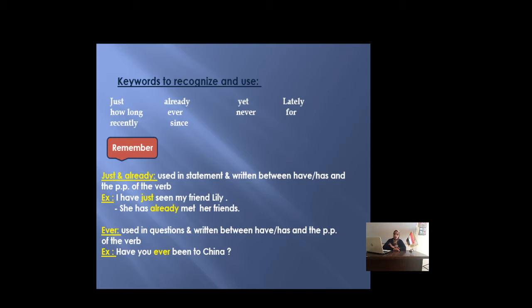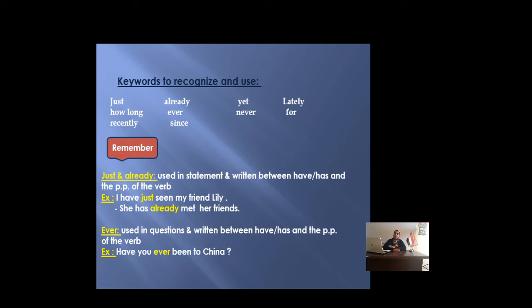So I have a song to help you keep them easily by heart. I will just read it. Just, already, ever, never, yet, lately, how long, recently, for, since. Again: just, already, ever, never, yet, lately, how long, recently, for, since.